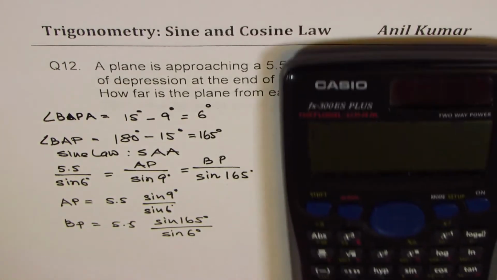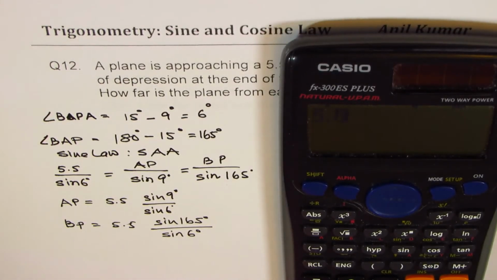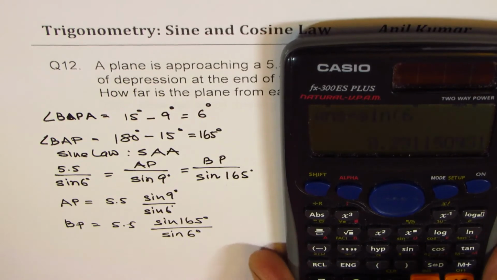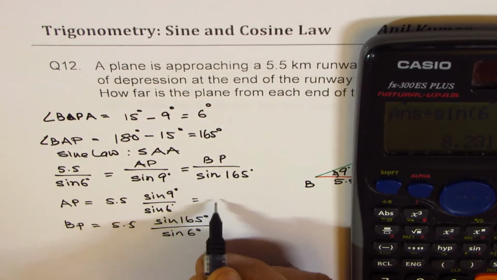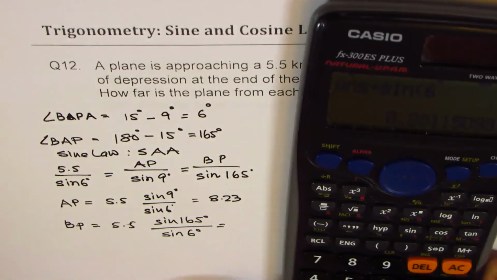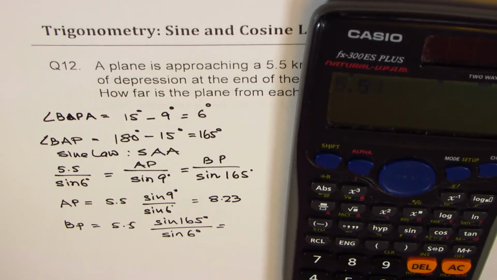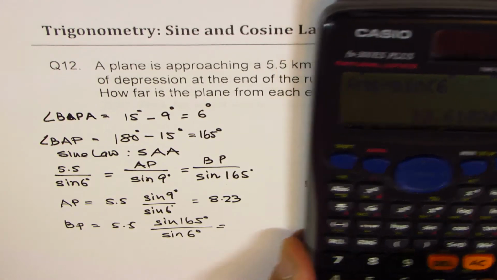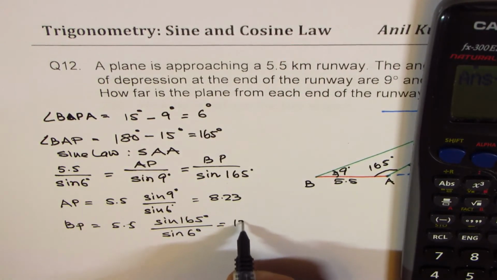Let's calculate. 5.5 times sine of 9 divided by sine of 6 gives us 8.23. And the other one, 5.5 times sine of 165 divided by sine of 6, is 13.61.